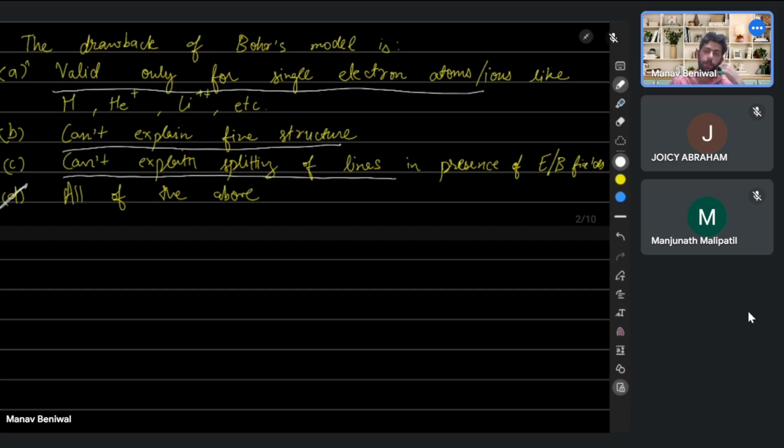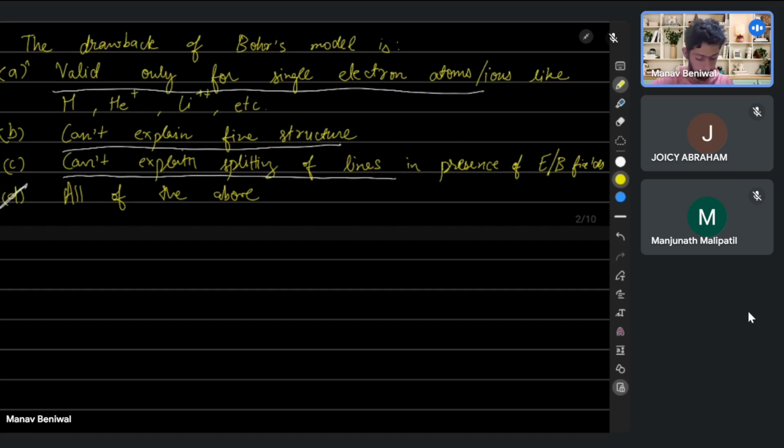When the spectral lines split in presence of an electric field, that is called Stark effect because it was discovered by Stark. And when they split in presence of a magnetic field, that is known as Zeeman effect. Zeeman effect will be discussed in the next week's lecture, I guess. So we'll dive deeper into Zeeman effect next week.